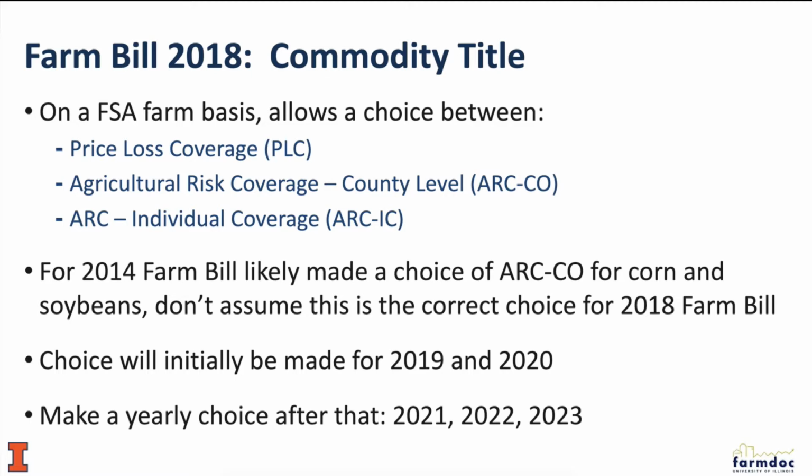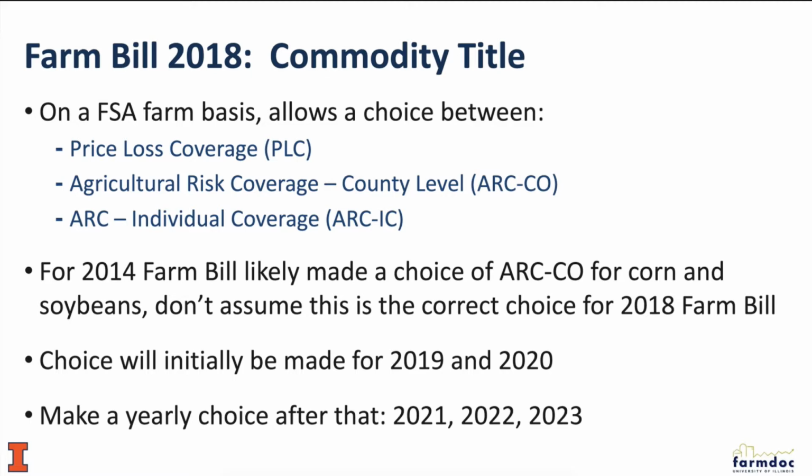But the key part of the decision this time, and this is probably the most fundamental change from the 2014 Farm Bill, as most of you will recall, in 2014, when you signed up for ARC County or PLC on the farm, you made that choice, and that choice was locked in for the entire duration of the 14 Farm Bill. That is a different setup than what we have now under the 2018 Farm Bill.